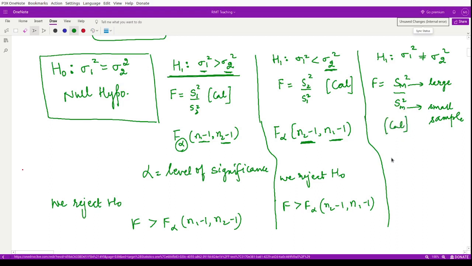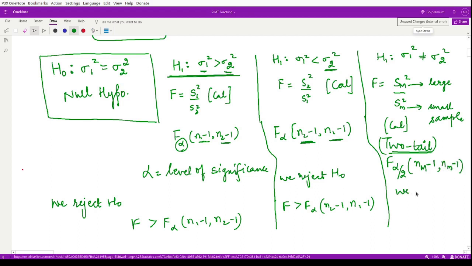According to this calculated value, you will now compare it with alpha by 2, because this is a two-tailed test. The whole of your region would now be divided into two portions. So it would be alpha by 2, with the degrees of freedom for the larger sample and the degrees of freedom for the smaller sample.